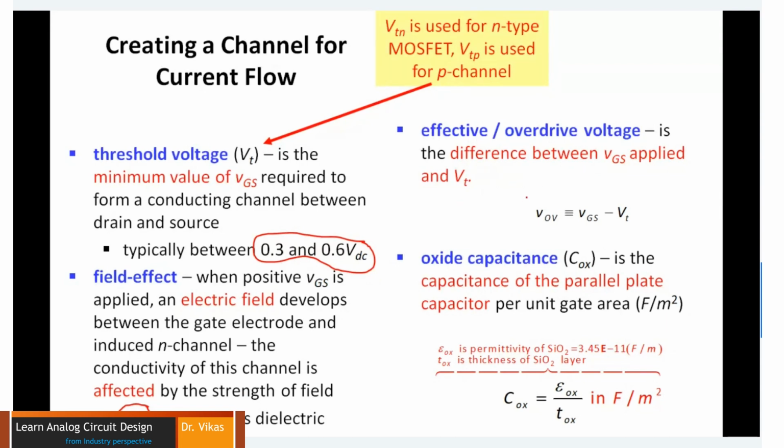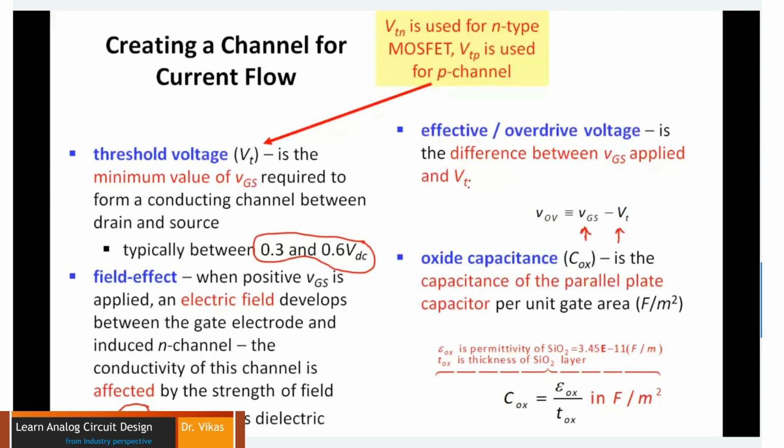Now, when the channel is created at a particular value of VGS, which we call the threshold voltage, the difference between VGS and VT matters.